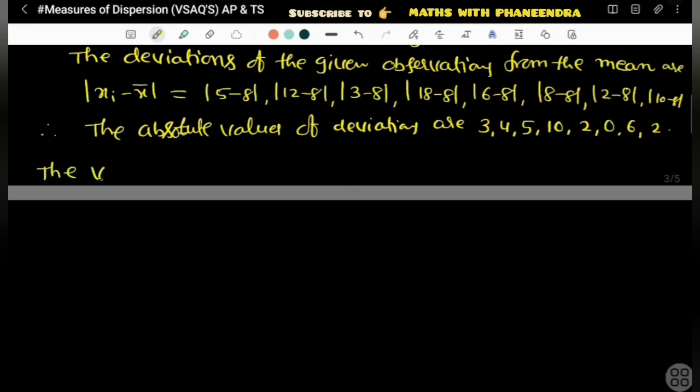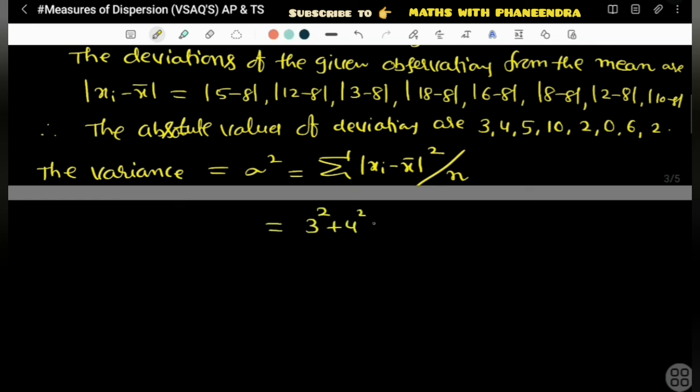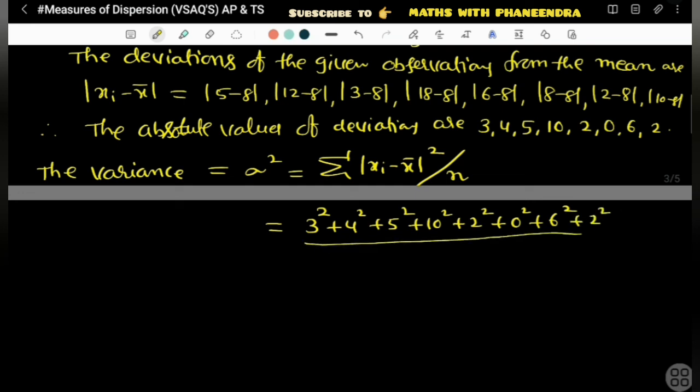The variance, that is equal to sigma square, sigma mod xi minus x bar square by n, that is equal to 3 square plus 4 square plus 5 square plus 10 square plus 2 square plus 0 square plus 6 square plus 2 square divided by n. N means what? 8.